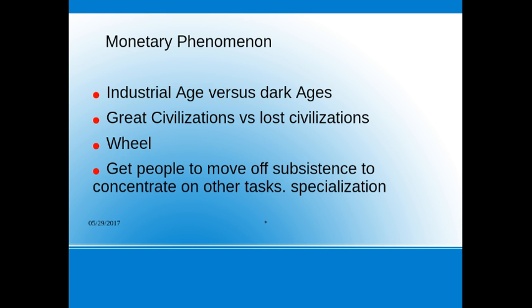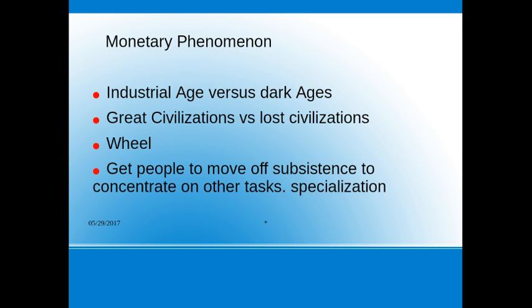For example, people laugh down here in sub-Saharan Africa that our ancestors didn't even make the wheel. But the main reason they didn't do it was not because they had no brains or they were inferior, but because they did not discover money.